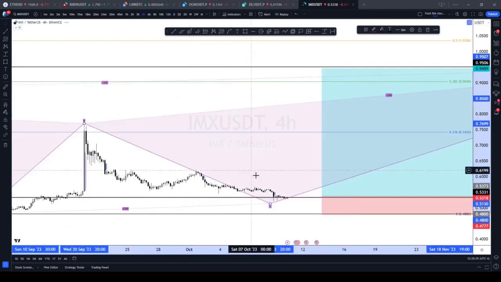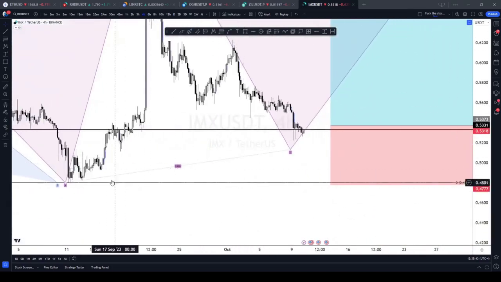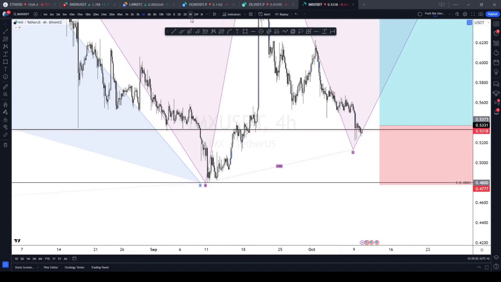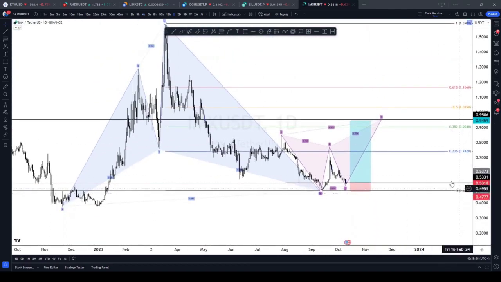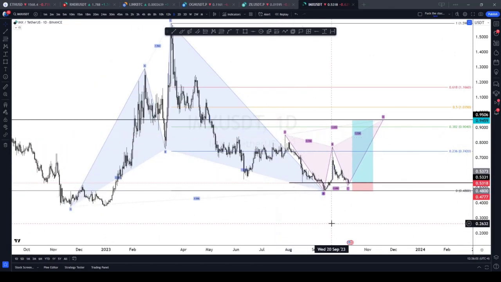Go to maybe the 4 hour, find a nice order block right here, maybe place a stop loss below this, and look for a swing up. But I do like IMX, especially with the ratios it's putting in here, because this could be a really good long if it decides to pick up some steam.